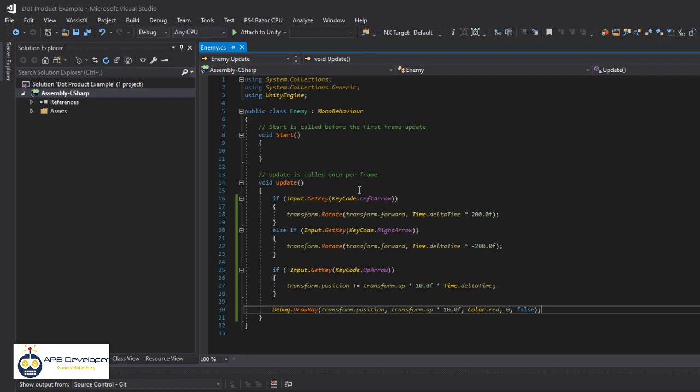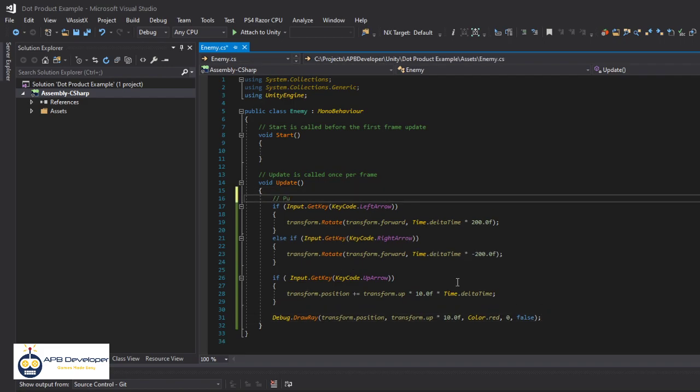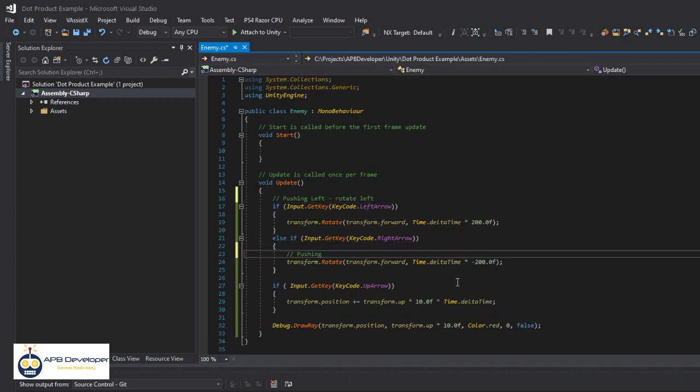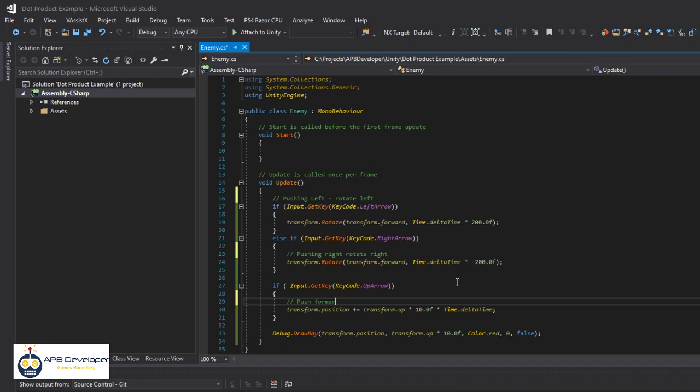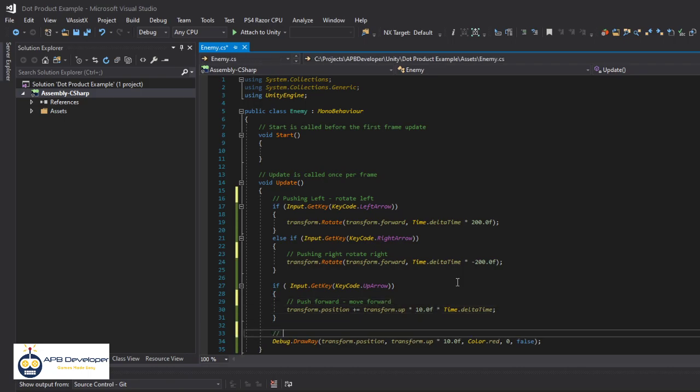So literally pushing left, rotate left, pushing right, so rotate right. This is just if you push forward, and forward, and this is just a debug.